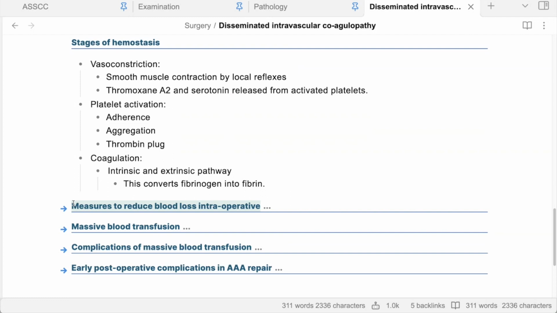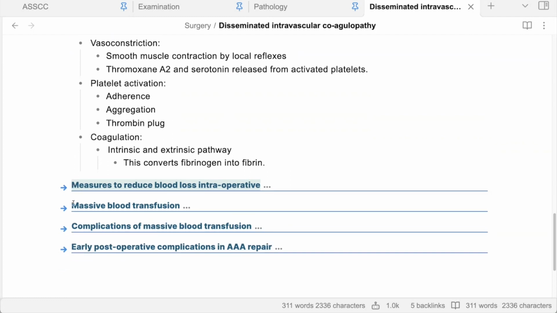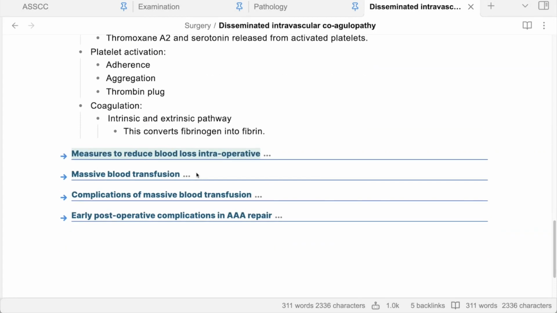Controlled hypotension, judicious use of cautery and coagulation, correct temperature of the OT to prevent hypothermia, and use of drugs like tranexamic acid and adrenaline per op, and finishing the surgery early, proper expertise, and auto transfusion and all those. I don't know whether it will come in this or not. We do that. Okay.